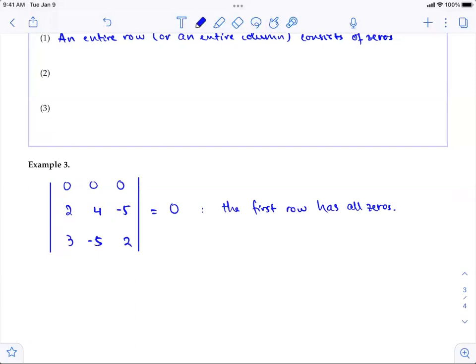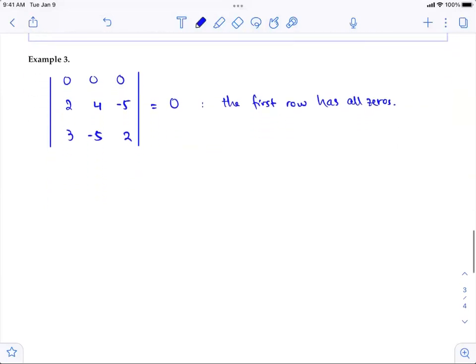Now, the second condition that we can consider is that two rows or columns are equal. So you can see in the next example here, you have the following determinant: 1, -2, 4, 0, 1, 2, 1, -2, 4.